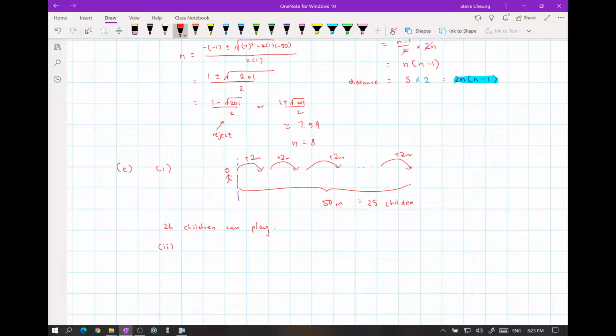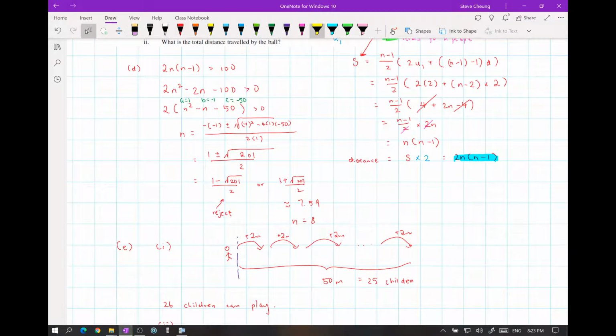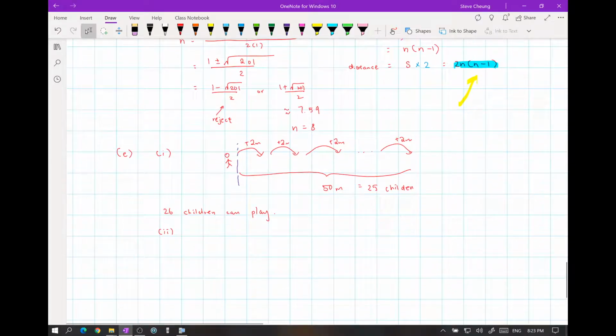Rather than using the formula, I think just looking at this in this sense is easier. So what's the total distance that they can throw? They are limited to having 26 children play. We can use the formula again. We have the sum formula here. It's just right there, 2n times n minus 1. So we can just go 2n(n minus 1).